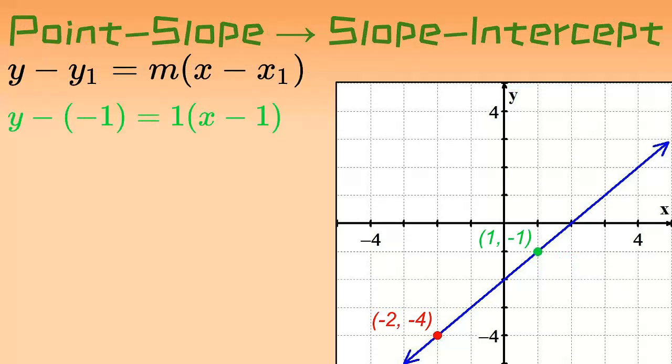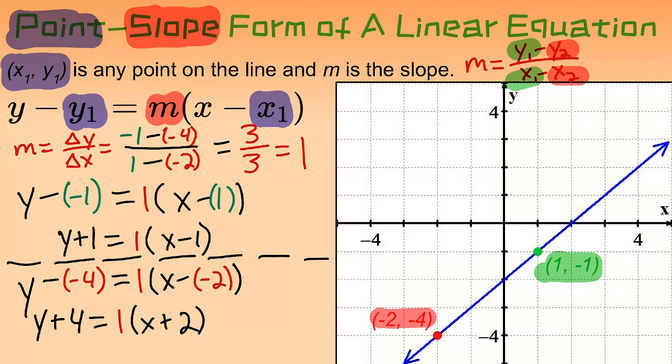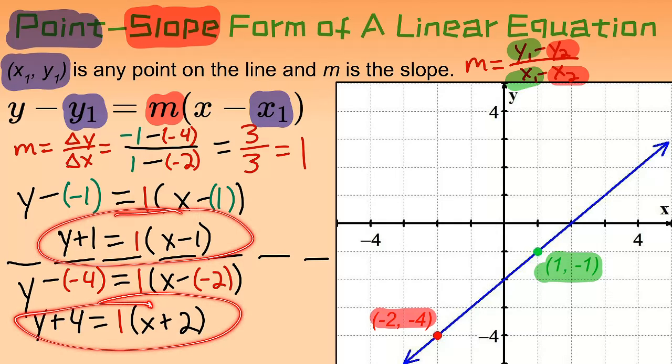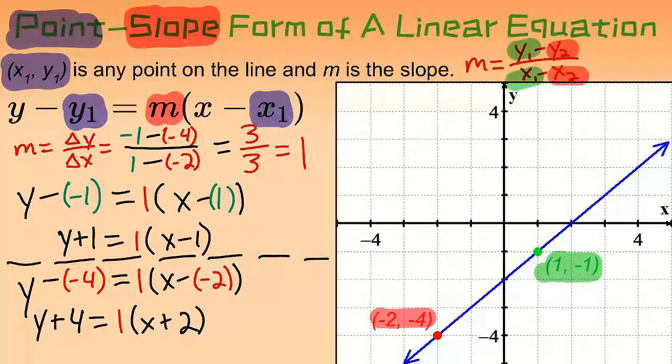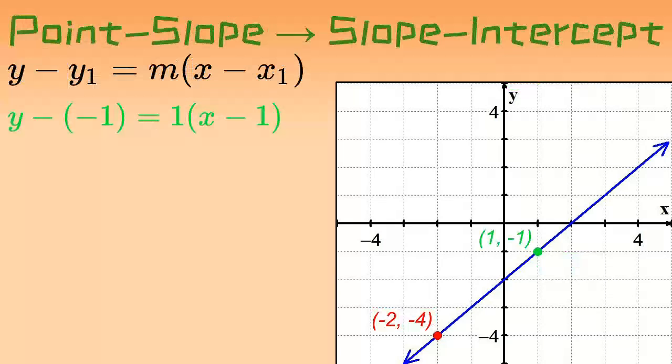All right, so now we're going to take each of those two equations that we just found, this one and this one, and we're going to show why they're equivalent, or one way to see that they are equivalent. So we're starting with, we found that our slope was 1, and we plugged in this point for our x1 and y1 here.